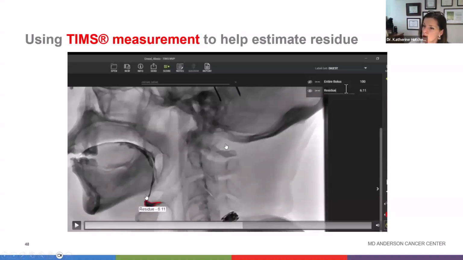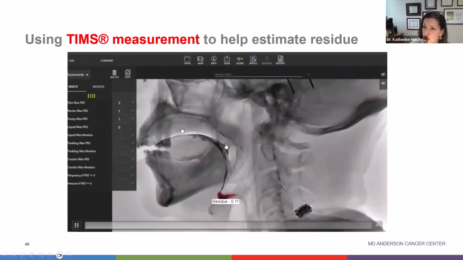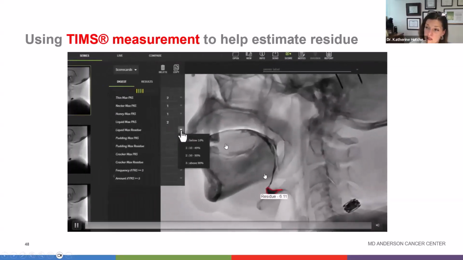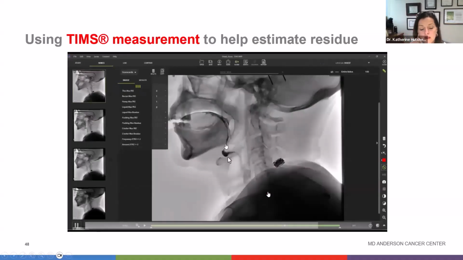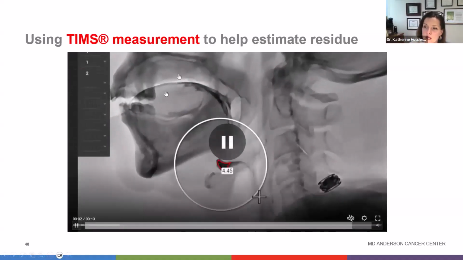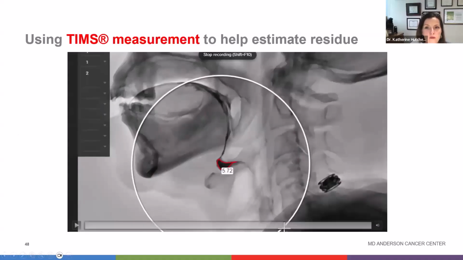Then when the residue was segmented, the pixels are used in reference to that as an estimation. You can see that this is estimating that this residue is about 6%, so the pixels here are about 6% of the total pixels that were in the full bolus previously seen. If a clinician was sitting on the fence saying, is this under or over 10%, they might use that to help them feel confident that they're making an accurate estimation of the bolus residue.